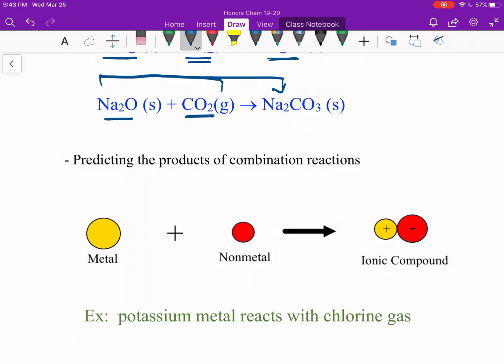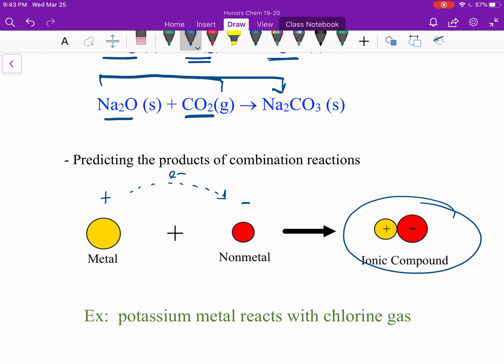If we can identify a metal and a non-metal, we know that ionic compounds get formed by a metal and a non-metal. Metals get transitioned to a cation, non-metals get transitioned into an anion, through a donation of electrons, and we get our ionic compound being formed.